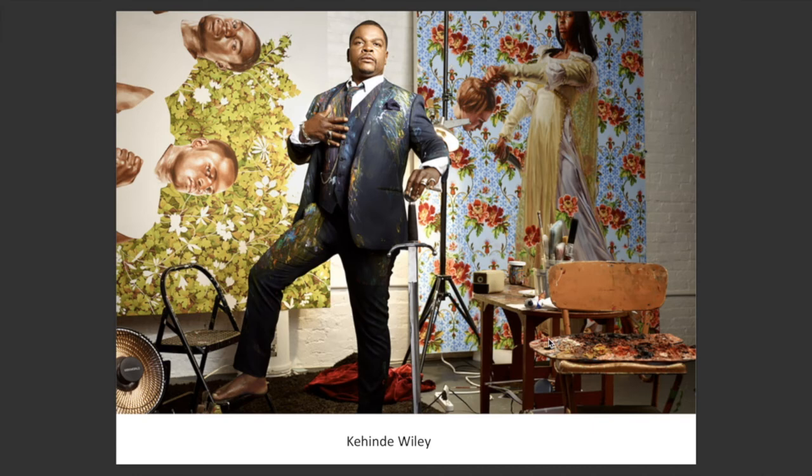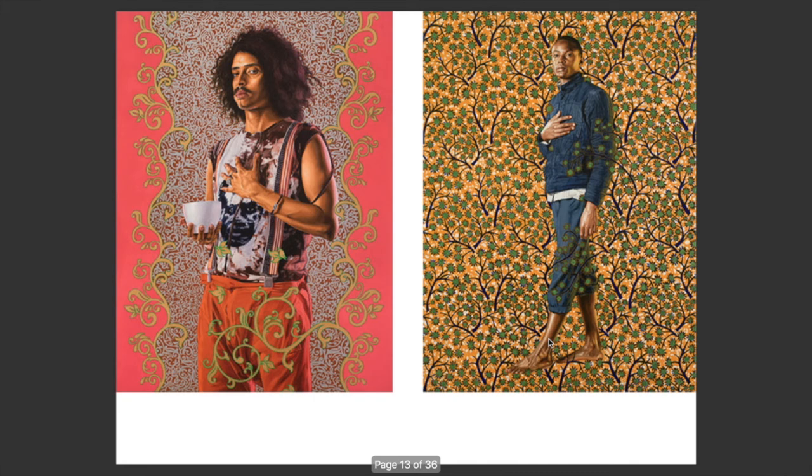An artist that's very interested in portraiture, not so much self-portraiture, but portraiture, is Kehinde Wiley. He's an artist that works in a Renaissance style, both in the compositions as well as the way he paints them. And a lot of his portraits are of African Americans.